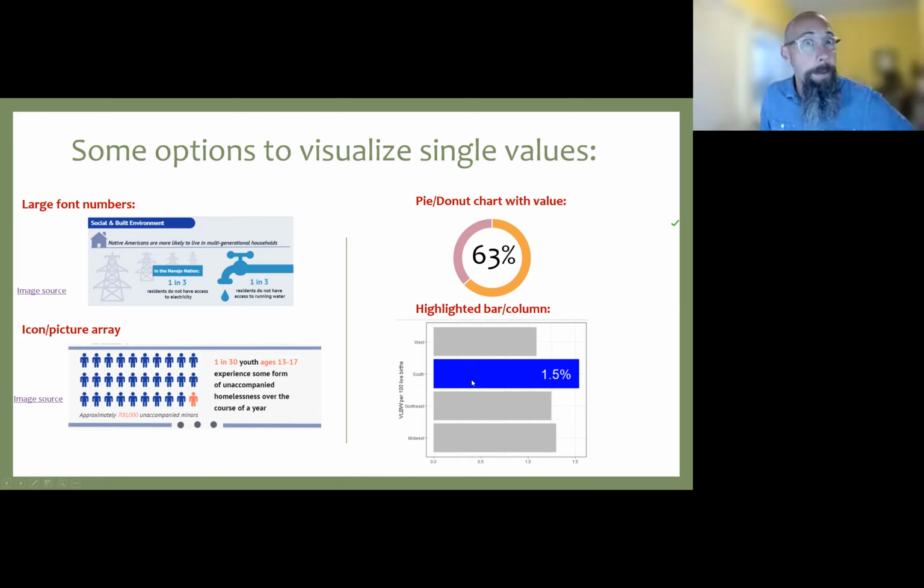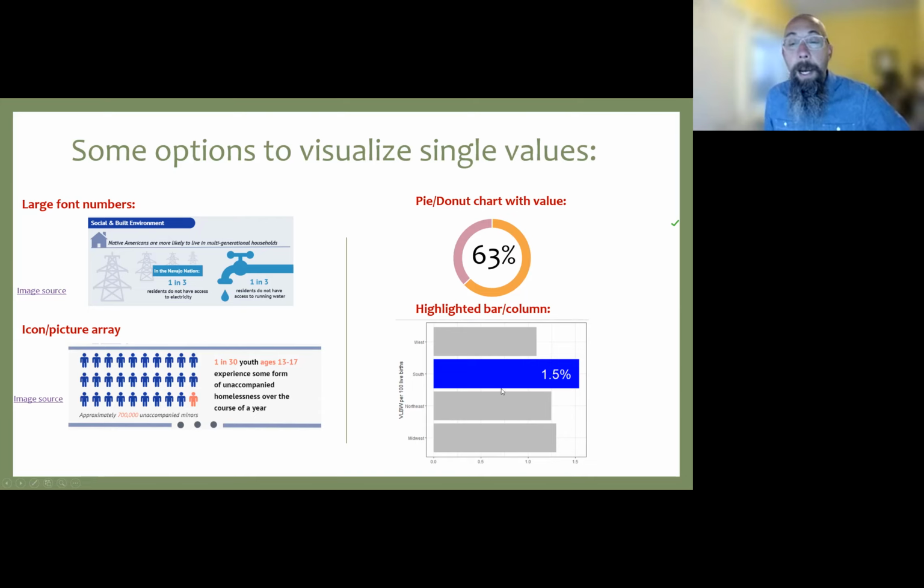You might say, why are we using column charts when you just said we're highlighting a single number? But actually, we can use a lot of conventional charts and use color to highlight a single number. So here, I've just made a plot of very low birth weight per 100 live births, and they're stratified by region, census region of the country. So Midwest, Northeast, South, West.